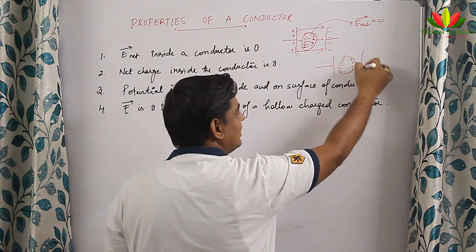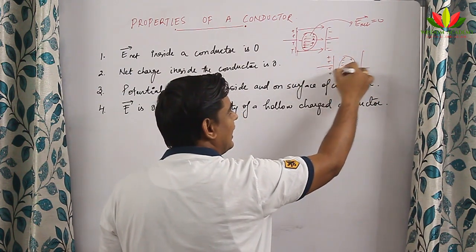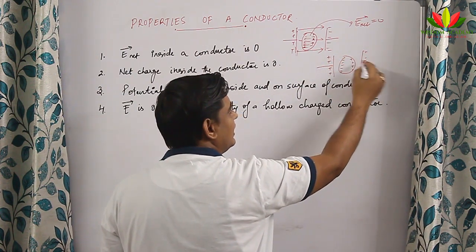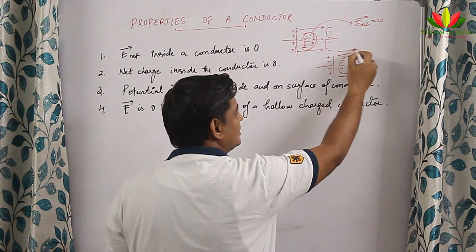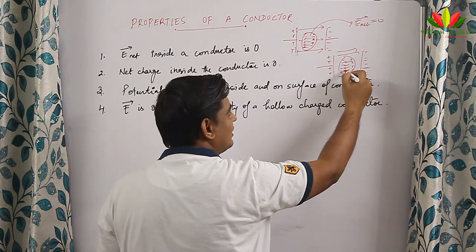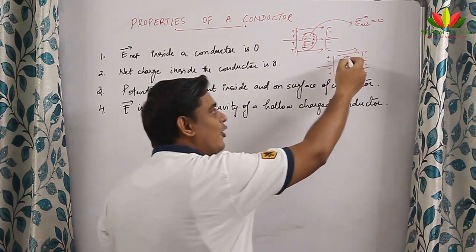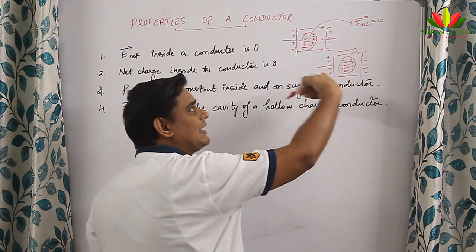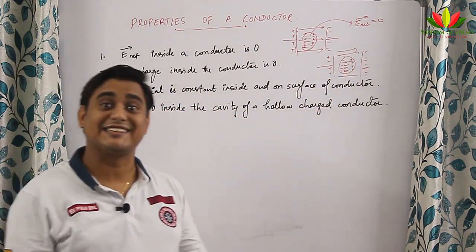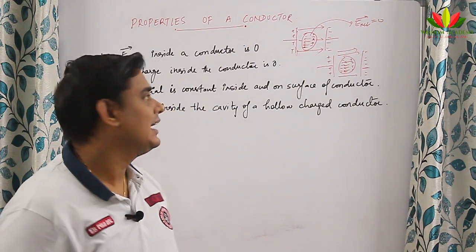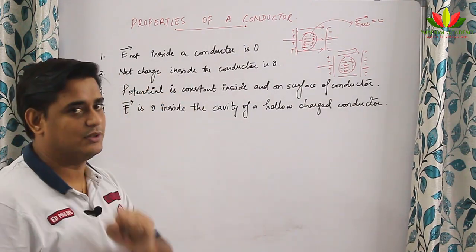So it itself creates an electric field in the direction opposite to this. A point will come when the electric field of this conductor cancels out the externally applied electric field. That's the reason the electric field inside a conductor is zero.